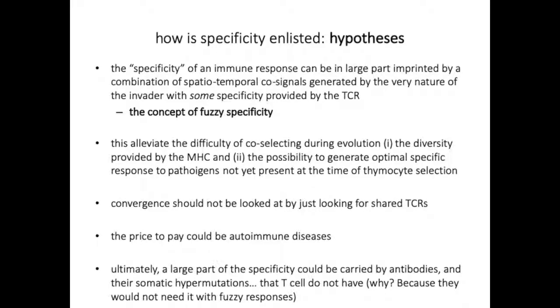And finally, I'd like to remind you that there are not just T cells in the immune response, and the specificity we like to discuss is maybe mostly carried by antibodies.